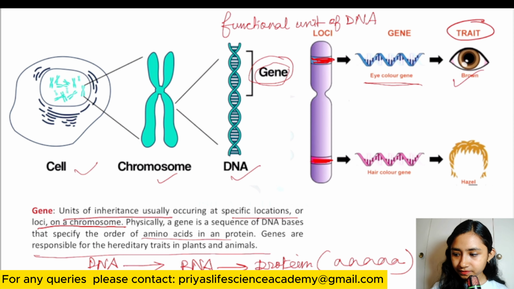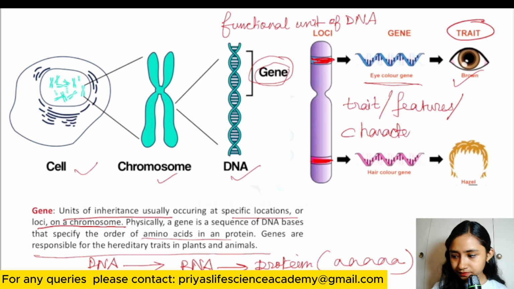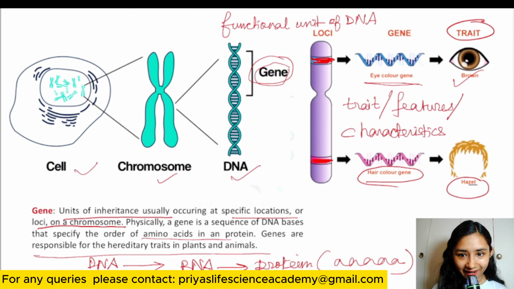Okay, there are some terminologies which you have to learn for learning genetics, that is trait or features or characteristics. So this gene is responsible for which trait or which feature or which characteristic? That is producing brown eye color, okay? And this gene is responsible for hair color. This hair color is hazel hair color.